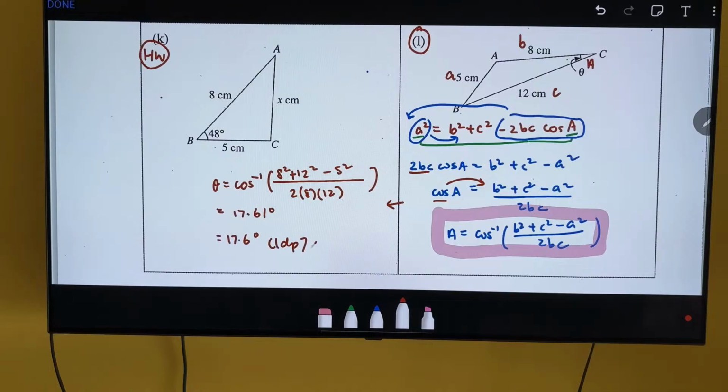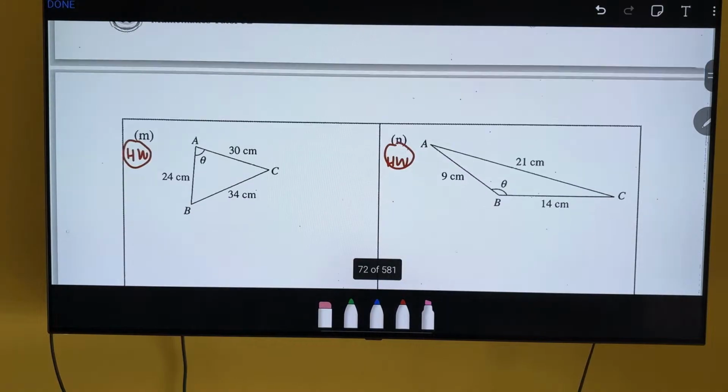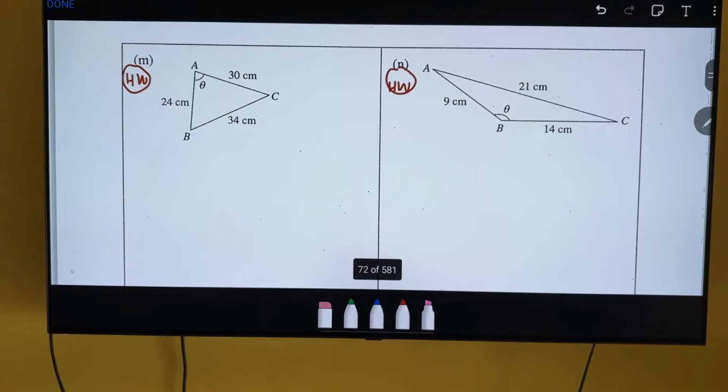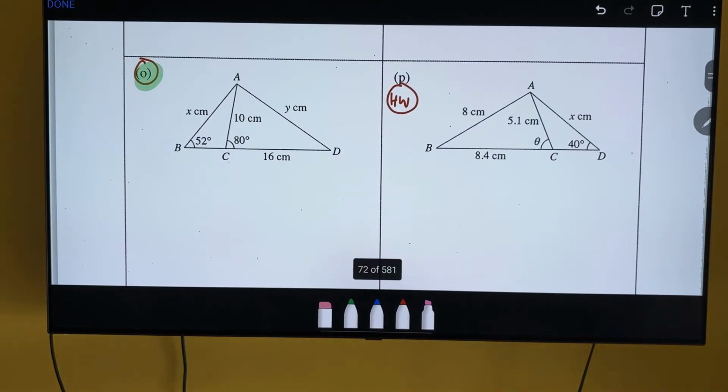So that's how we come up with the answer. Go ahead and try questions M, N, as well as P.